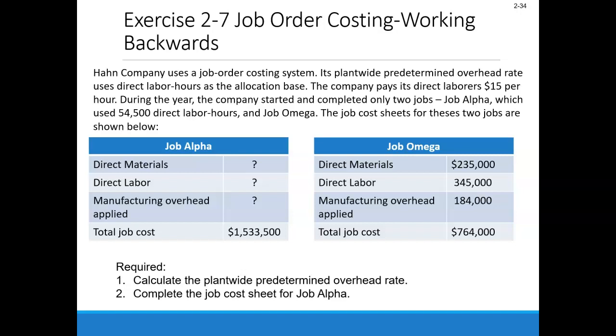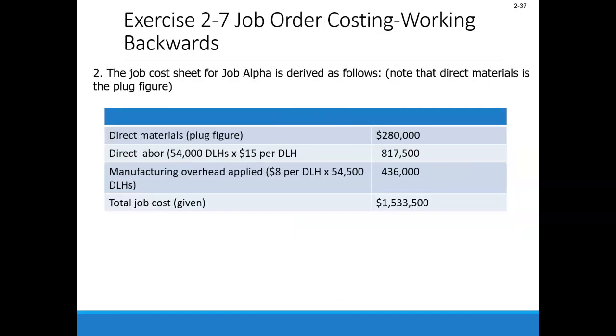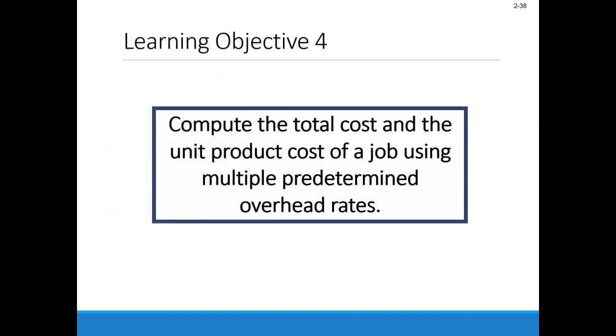So once we figure out the predetermined overhead rate, we can then take that amount times the 54,500 direct labor hours to figure out what our manufacturing overhead is applied. We can figure out our direct labor by 54.5 times $15. So the only thing we plug in then is the direct materials. Okay? Okay. So moving on.